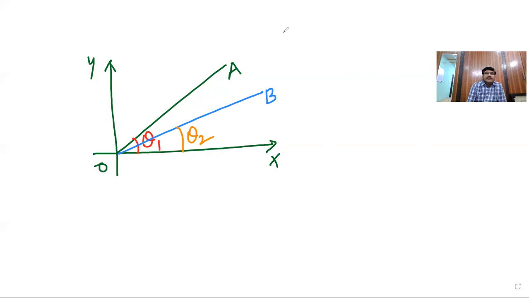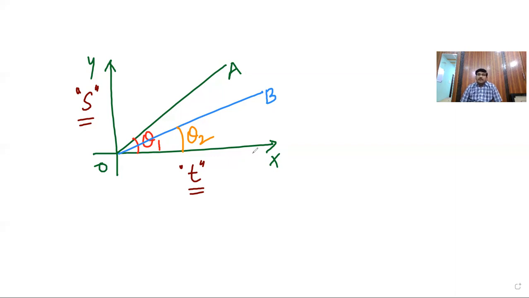Be careful that on the y-axis is displacement, on the x-axis is time. It is a displacement versus time graph. OA is one graph making angle theta 1 with the positive x-axis, and OB is another graph making angle theta 2 with the positive x-axis. Clear?